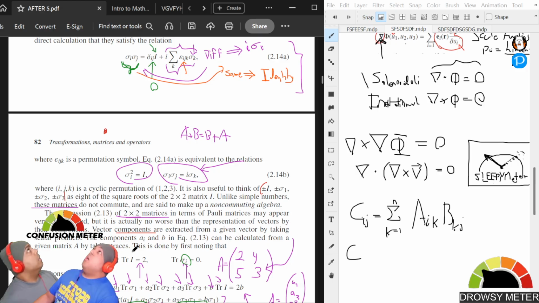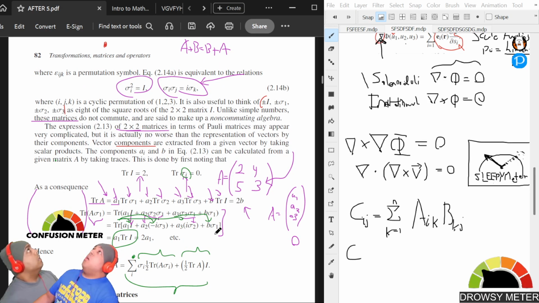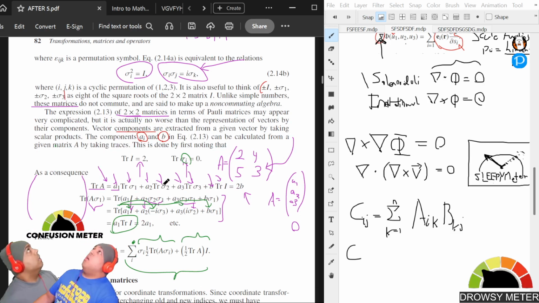The components A1 and B. Trace of I is 2. Trace of these guys is 0. Components A1 and B. So we're finding the components. Our goal is to try to find the components.